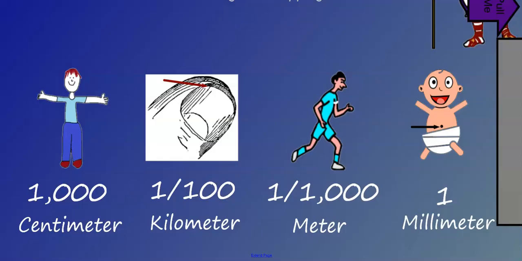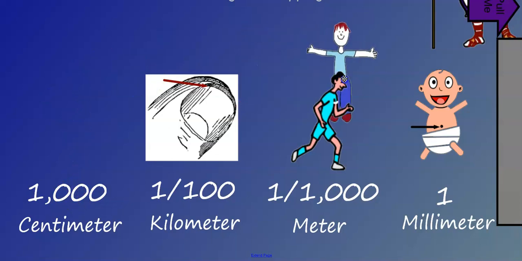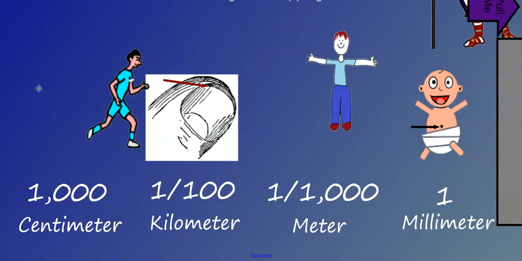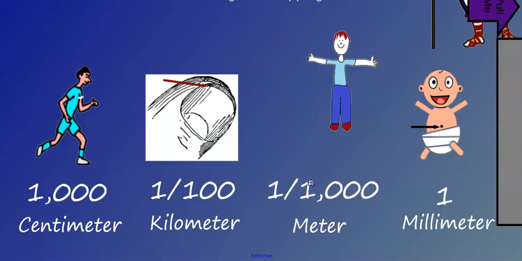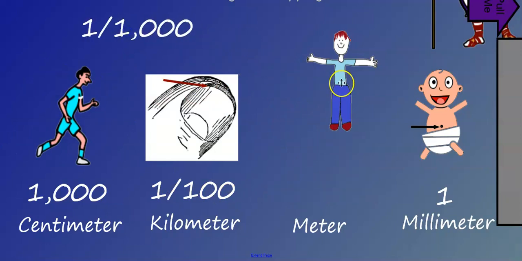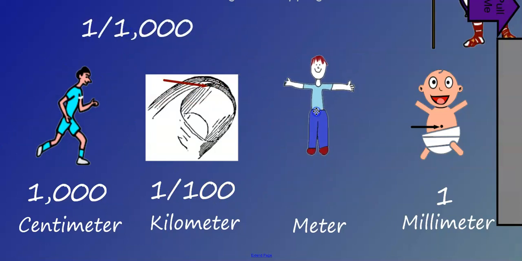All right, so we know centimeter, kilometer, meter, and millimeter. We have to move these things around to put them in the correct spot. So we know this guy, his arm's length, he is 1 meter right here.